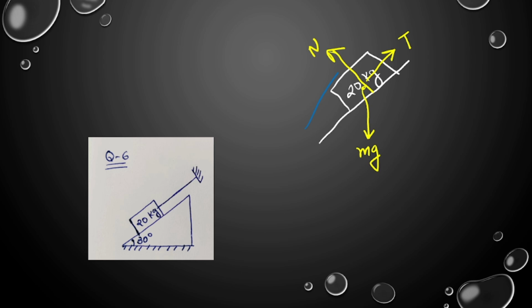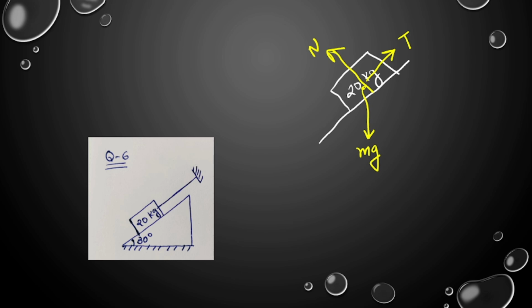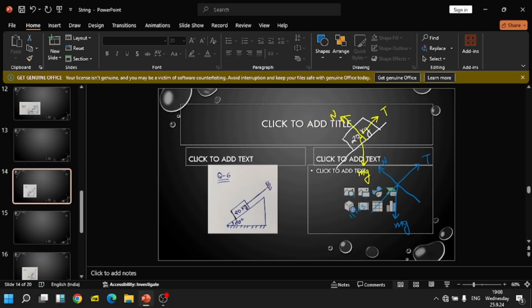I am drawing it over here. So this is the surface and this is the normal. Okay, this is the direction of normal, this is the direction of tension, and this is mg. Okay, this line is parallel to the surface.